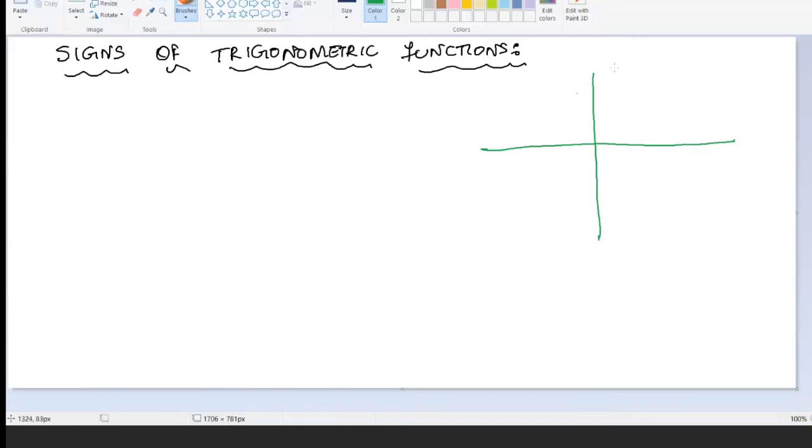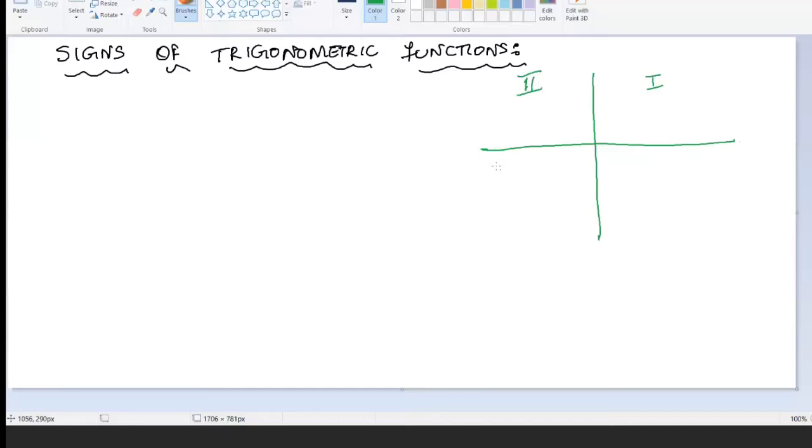So here this is the first quadrant. Don't think this part is appearing first and I will write 1, 2, 3 and 4. No. Here this is the first quadrant, this is the second quadrant, so write the quadrants first.